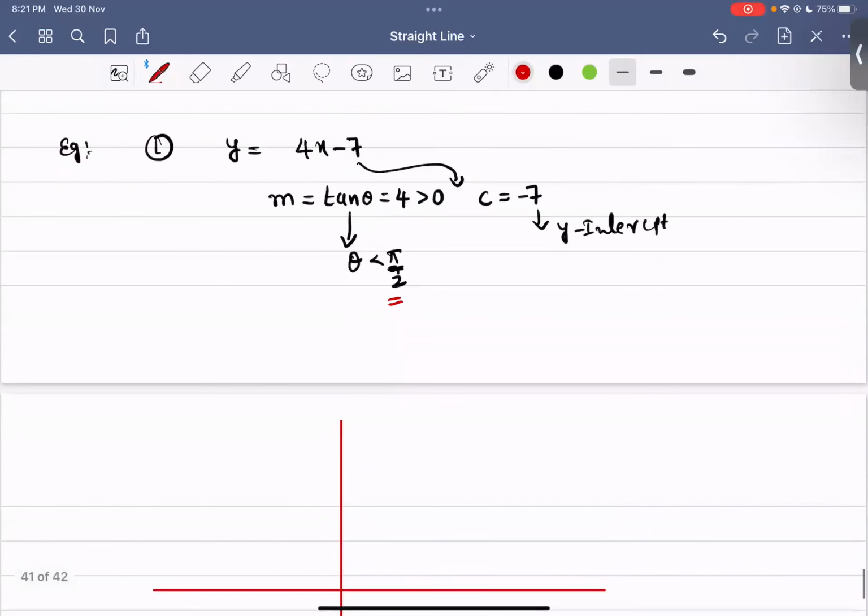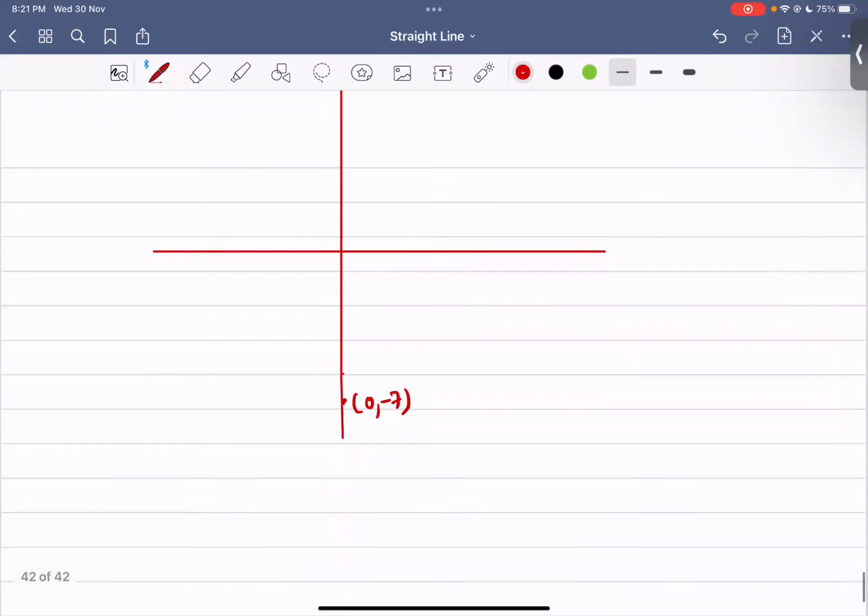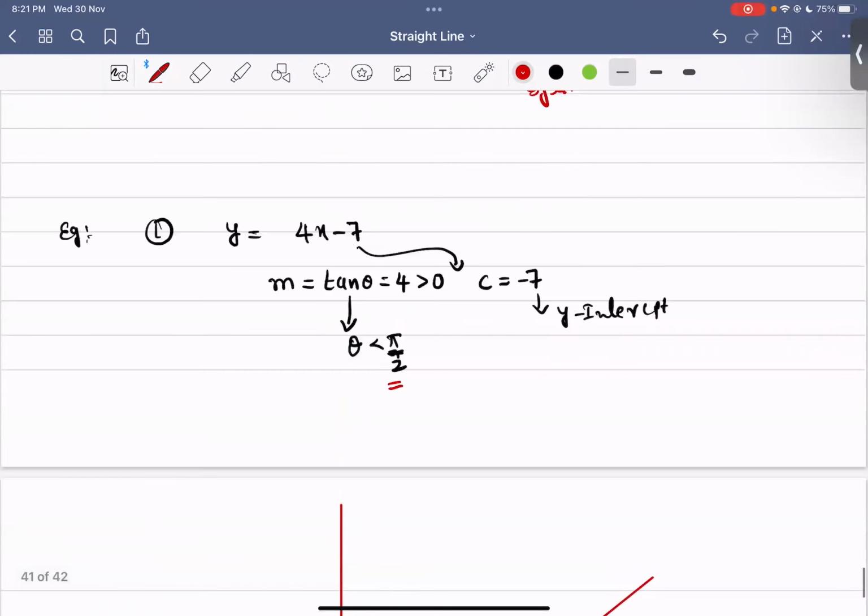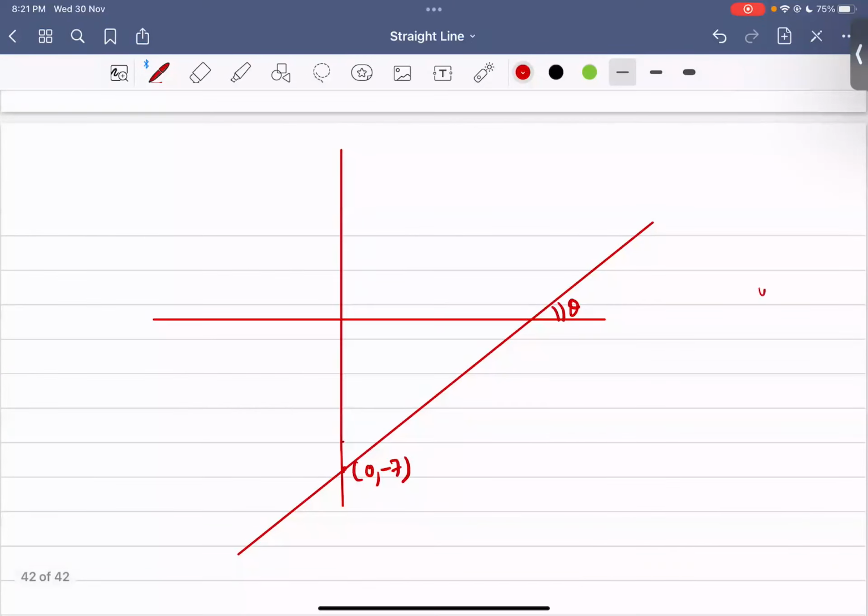So it makes an angle less than 90 degrees and passes through 0 comma minus 7. How will the line be? The line will be like this, because it makes an acute angle with the positive direction of the x-axis. Now where does this line intersect the x-axis? On the x-axis, y is equal to 0.